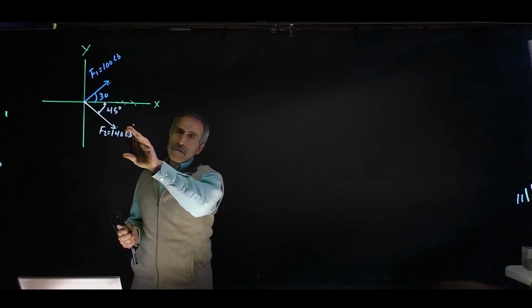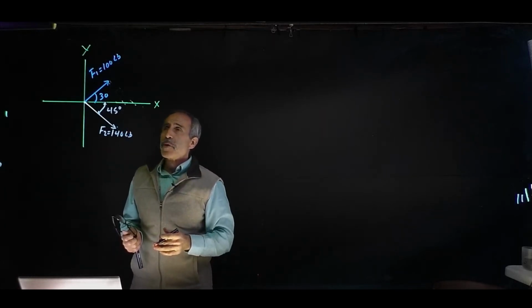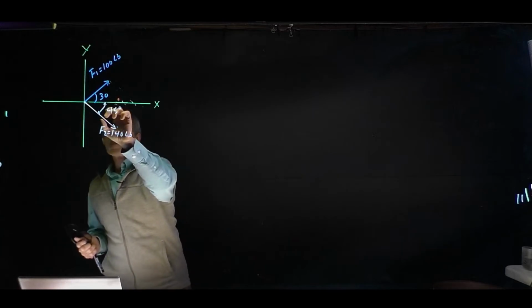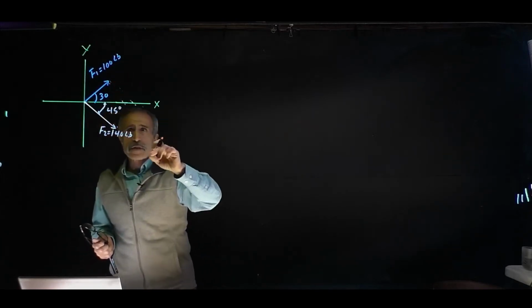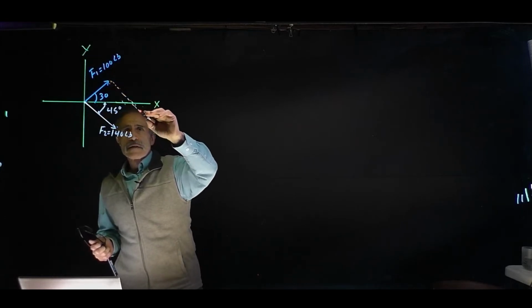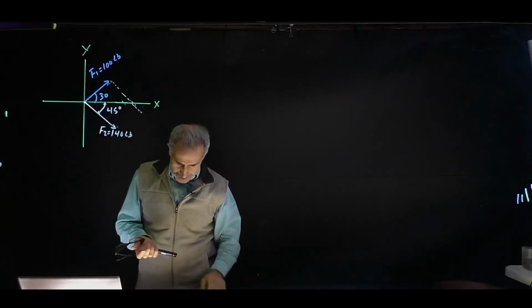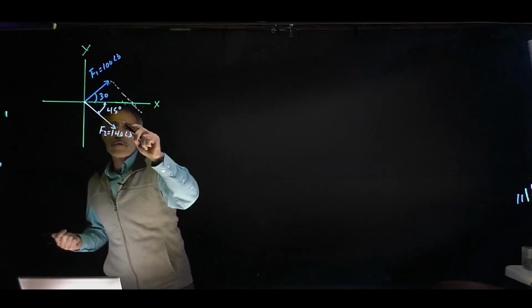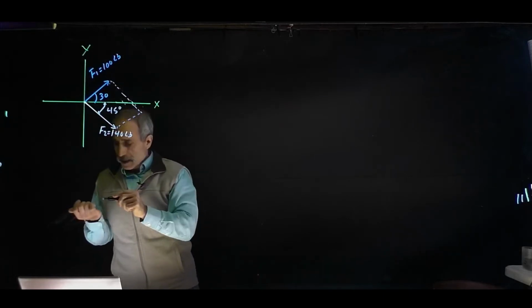To find the resulting force, I'm just going to do it graphically first, and then we're going to calculate it using both methods. If I pick this one up and put its tail on the head of that one, and project it back this way, it's going to be something like that. Then if I take this one and put it over here and project it at that angle, it comes out something like that.